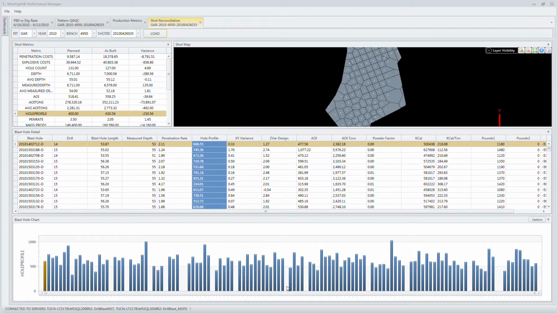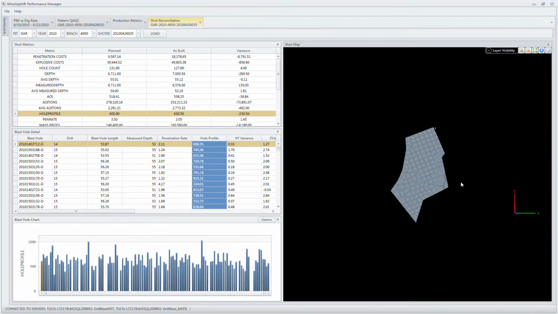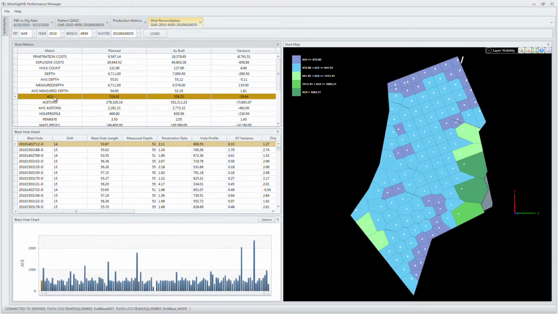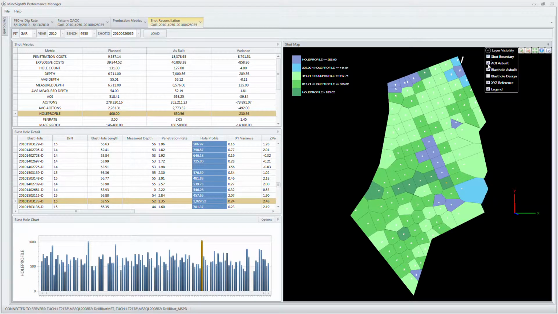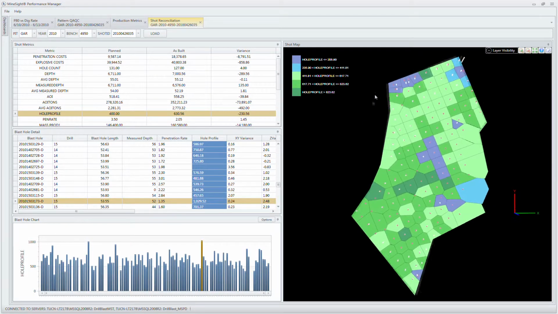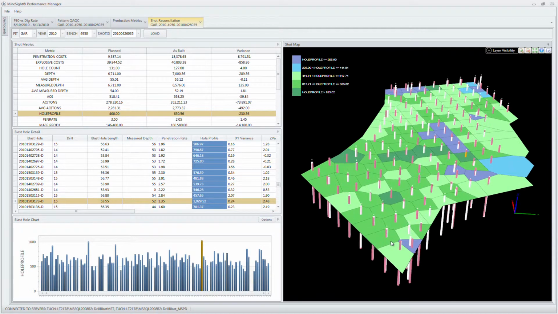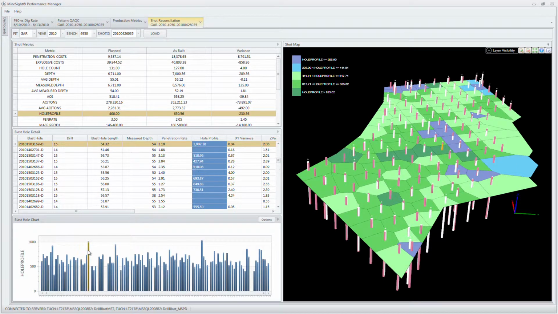The MineSight Performance Manager is a standalone utility that leverages data that's been gathered by the MineSight Axis operational suite of utilities and tools. It really gives us the capacity not only to tell what happened, but why it happened through the advanced dashboards and analytics that we have with it. A good case in point would be my rock type or rock size.